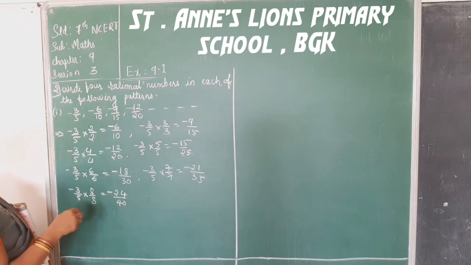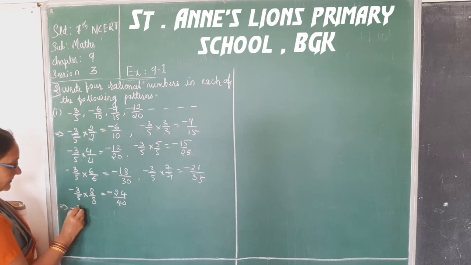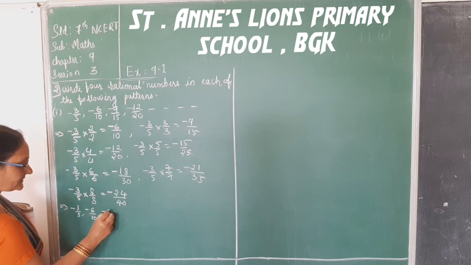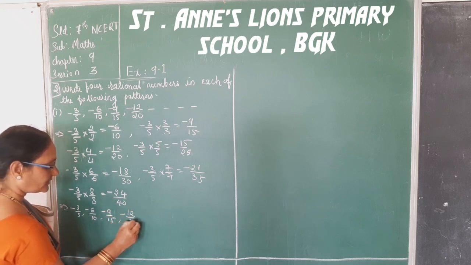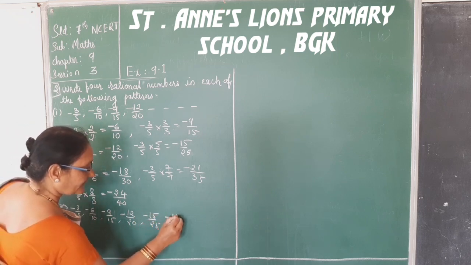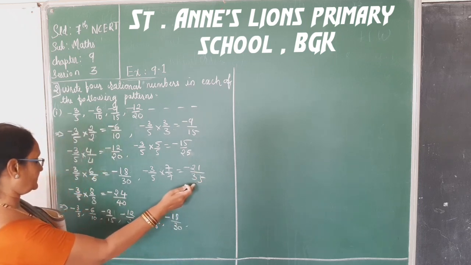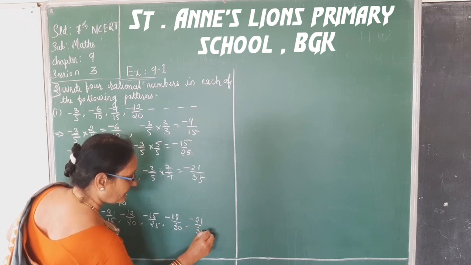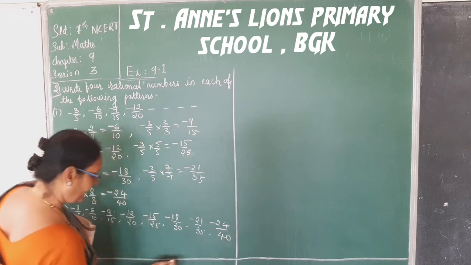So which are the next 4 patterns? Now we will write that only. So this implies that minus 3 by 5, minus 6 by 10, minus 9 by 15 and minus 12 by 20, then minus 15 by 25, minus 18 by 30, then minus 21 by 35, then minus 24 by 40 is the pattern.